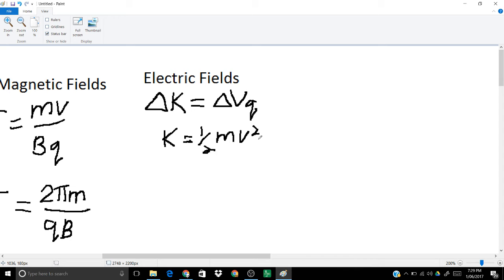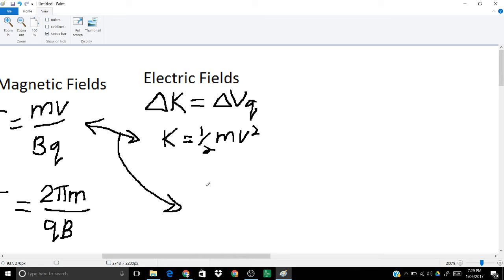Now what we're actually going to do is marry up these two equations. Okay, so we've got R equals mv on BQ. But what I'm actually going to do is rearrange that.